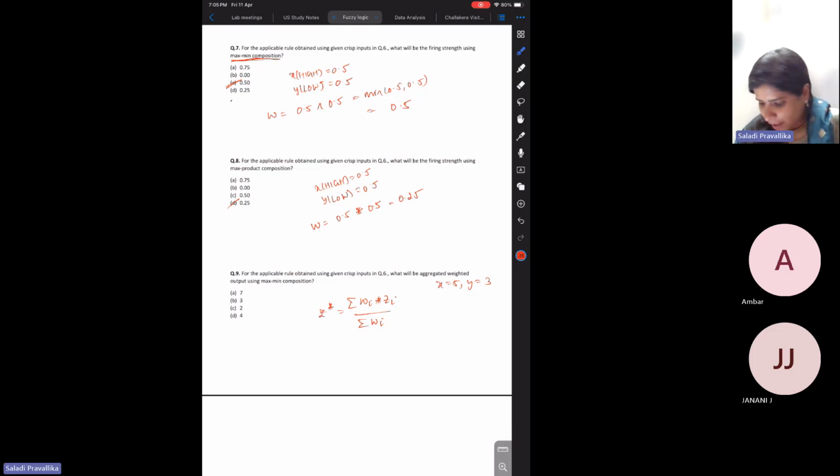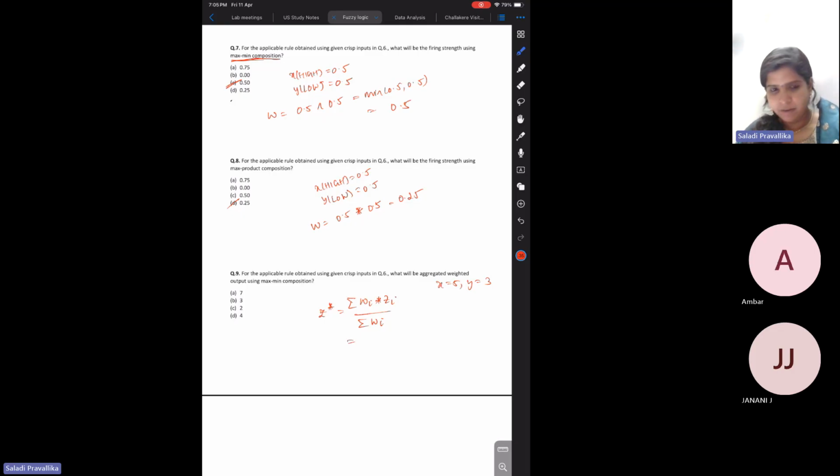Okay, Amber. Okay, let's look at it in this way. So here Zi is nothing but the output of all the rules that we have. And we all know that in question 6, it is solving only for one rule, right?